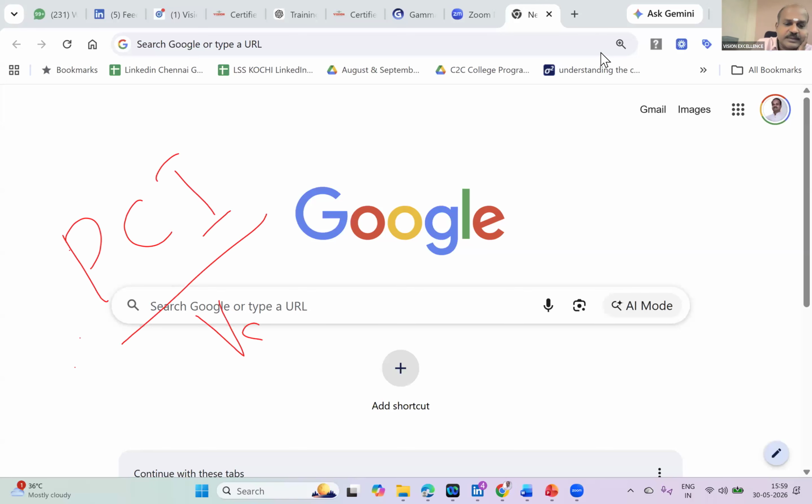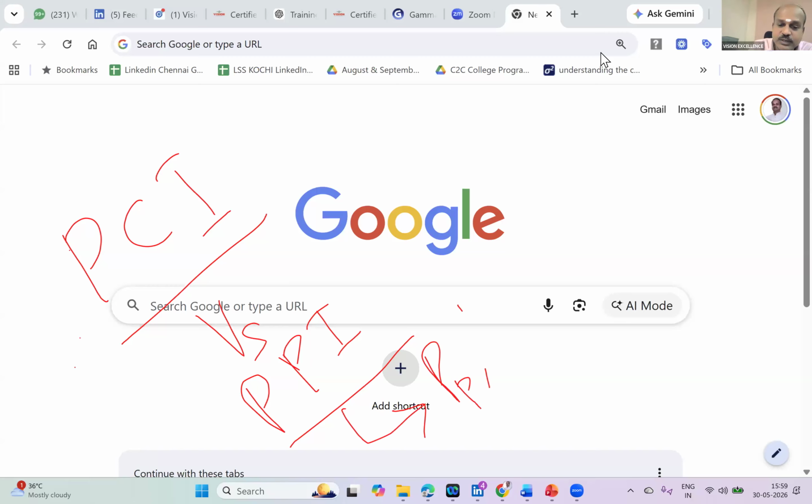Now I'm giving another thing: PPI. You know what is PPI? Process performance indices. They are specifically denoted as PP and PPK.